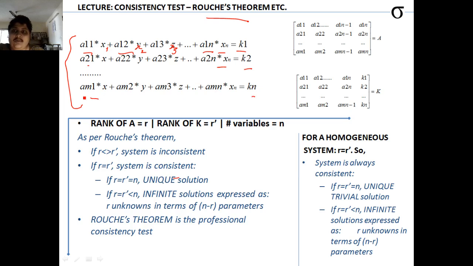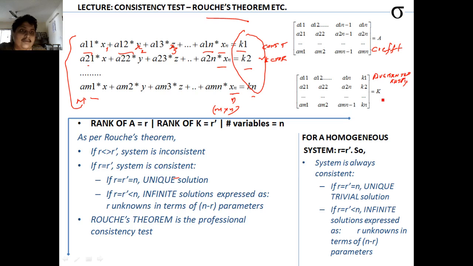So here you have a system of m equations in n unknowns. This is an m by n system, and k is what you call your constant vector. Now A, that you see here, is your coefficient matrix, and the combination of A and k is called the augmented matrix.